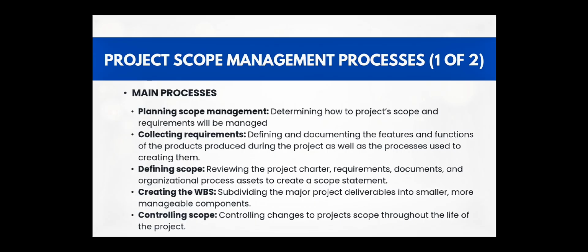The fifth project scope management process is controlling scope. Monitor scope status so that changes can be managed against the scope baseline, scope creep can be prevented, and project goals can be achieved.